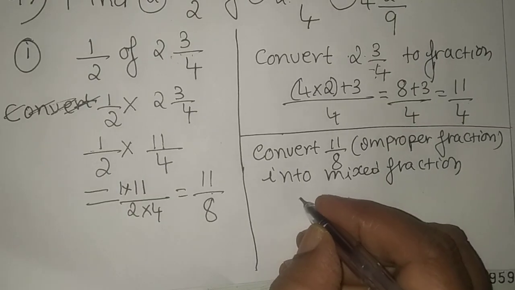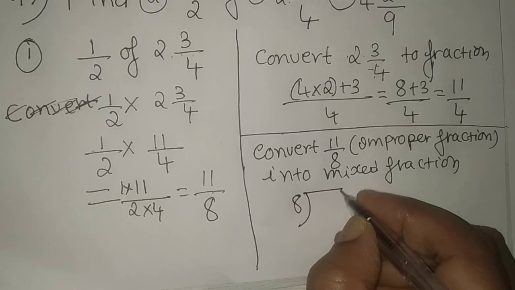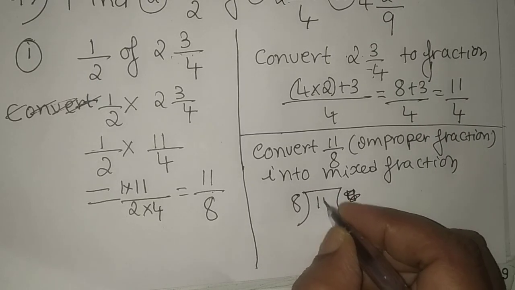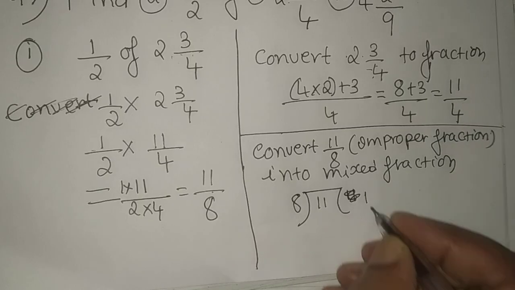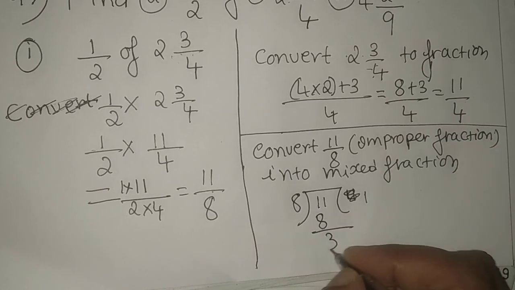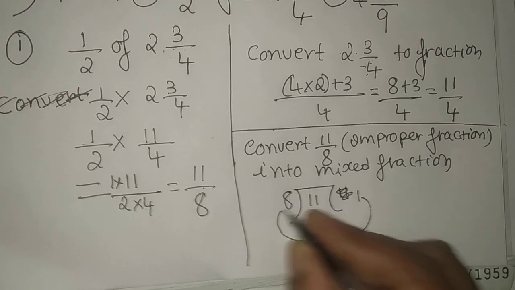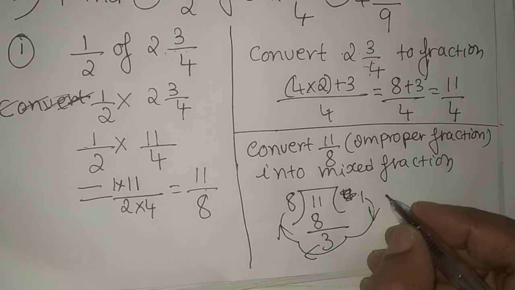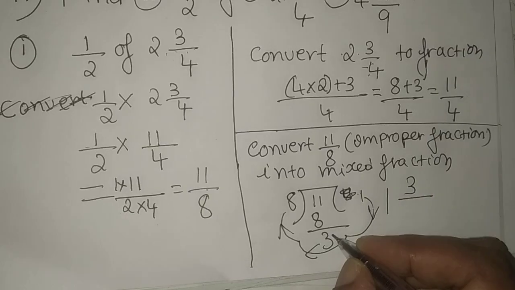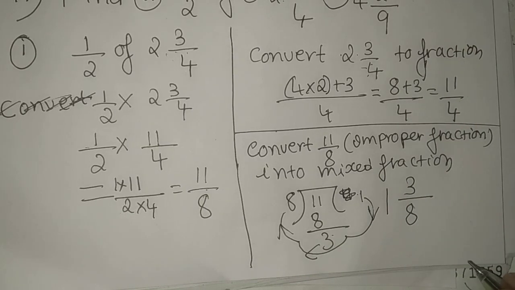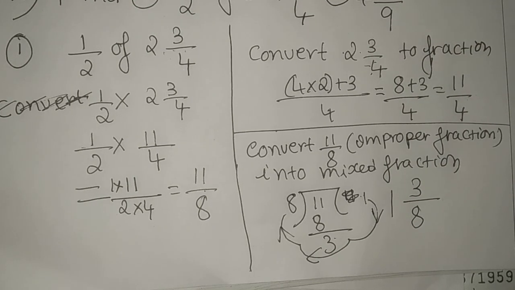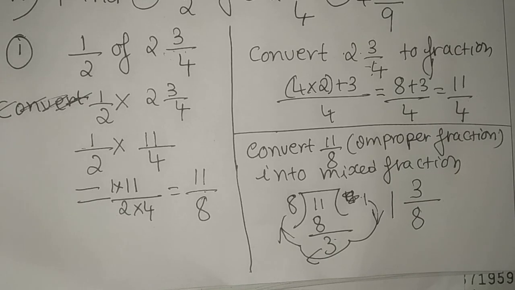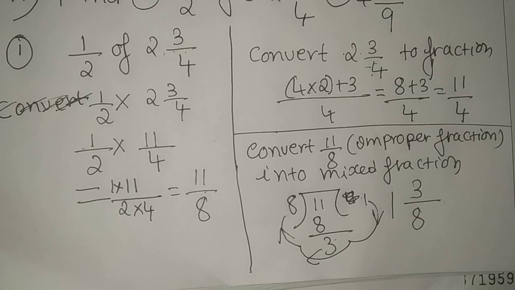So to convert this, 8 divided into 11, therefore 8 ones are 8, 3 remainder. Now write in this form, that is like this. Write 1 first, then 3 next, then 8. So this is the solution for question 7, first sub problem.